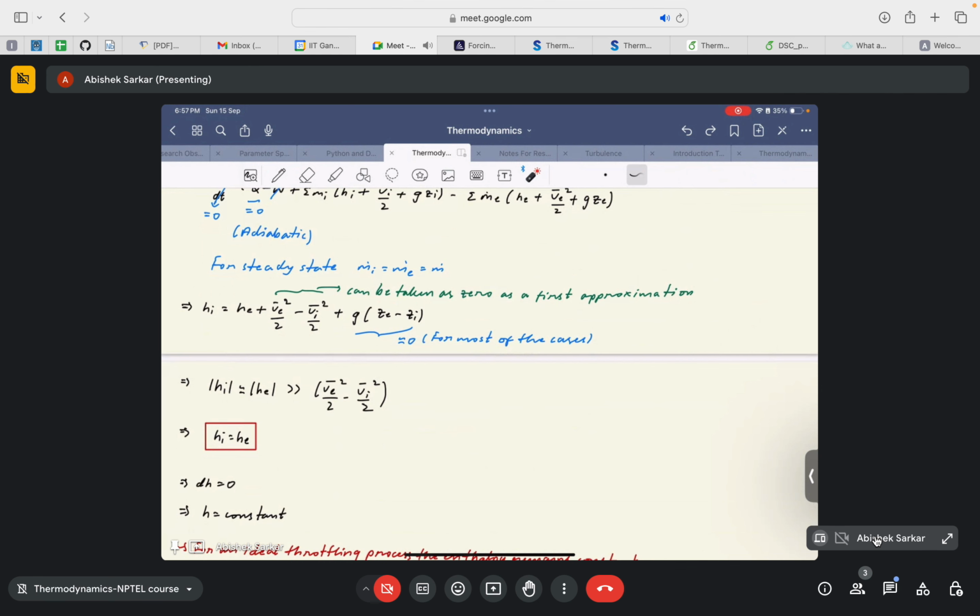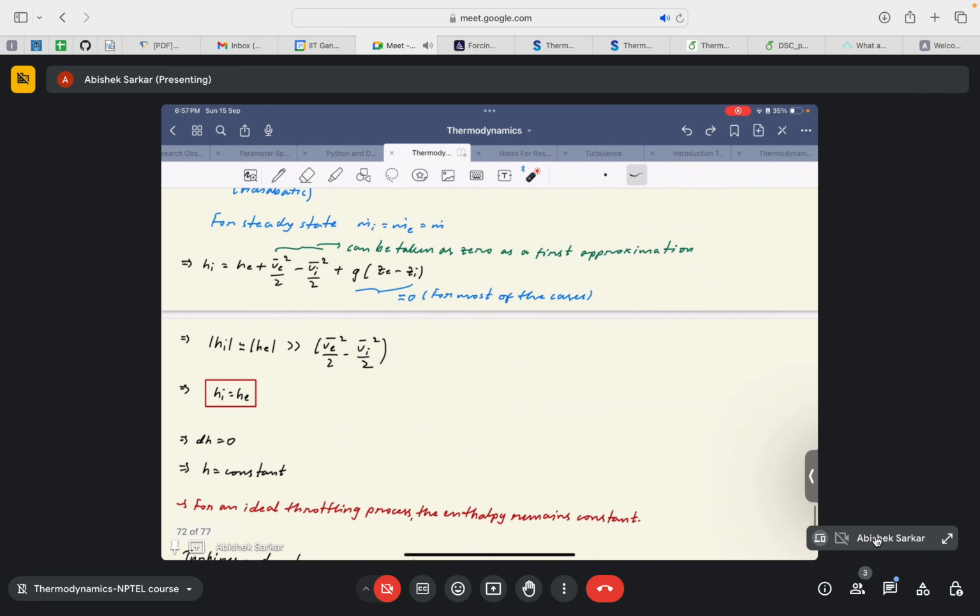Similarly, they are also much greater than the net change in the potential energy. So we can take the net change in velocity as equal to 0 compared to the magnitude of the enthalpy in the process.